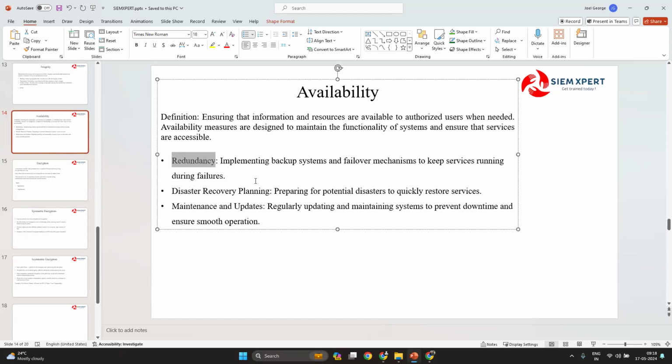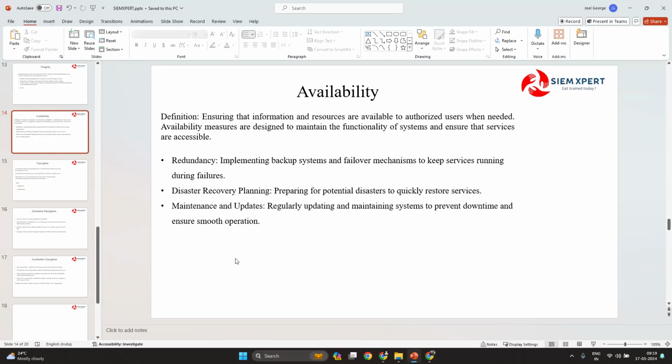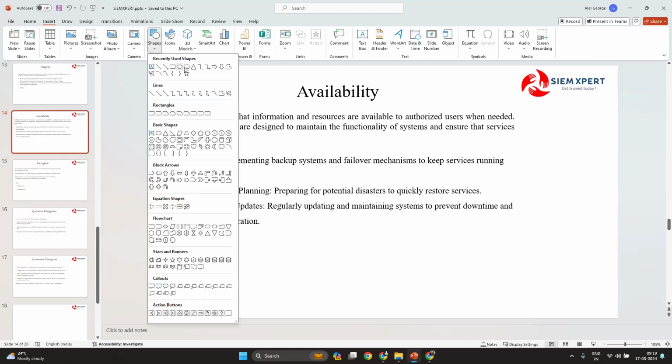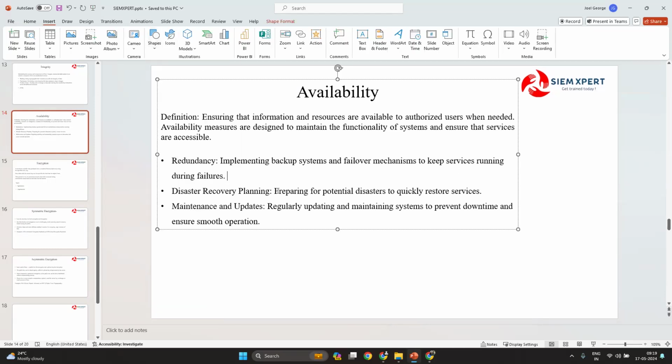An example of redundancy would be a load balancer. Another example: let's say an organization has only one firewall.